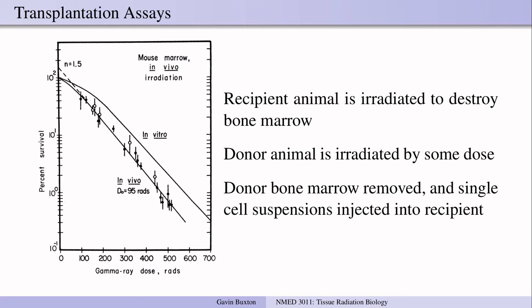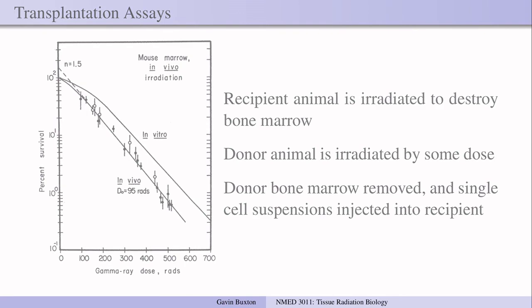But they're not entirely sure. But in terms of this assay being able to characterize and quantify the damage done by radiation as a function of dose, it's been very successful.